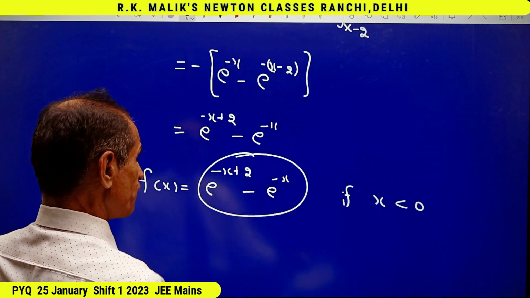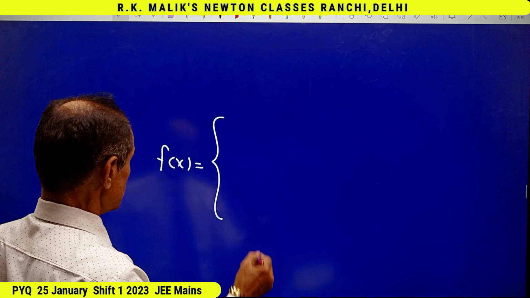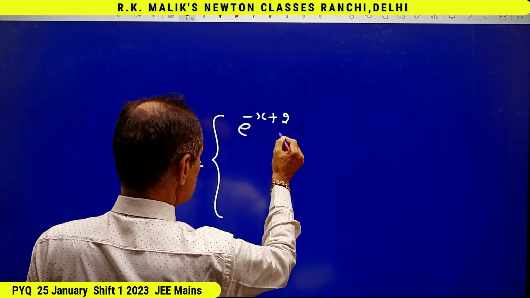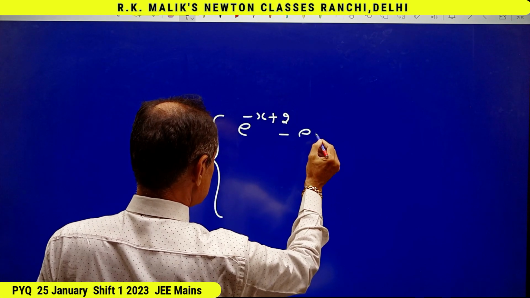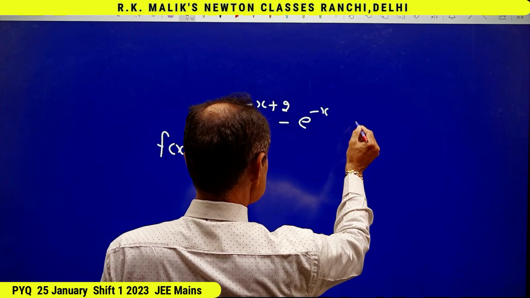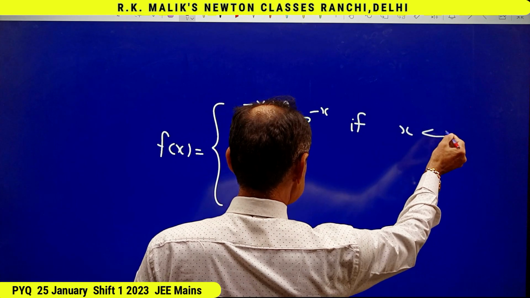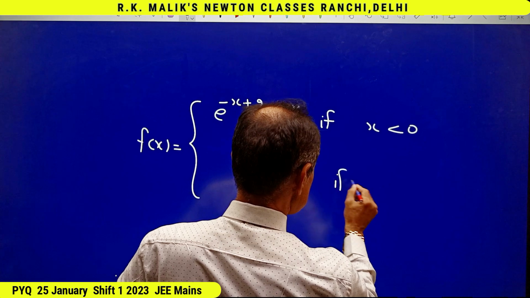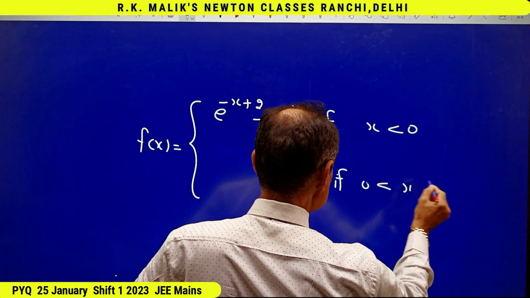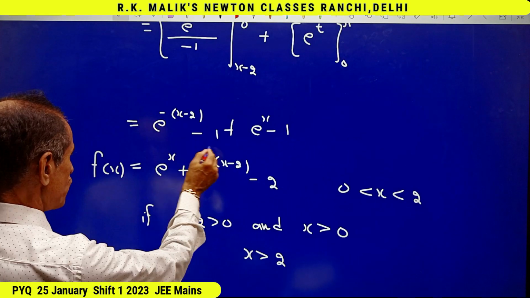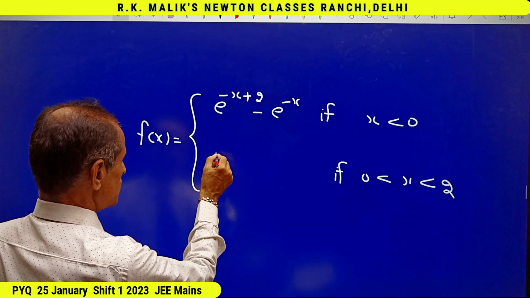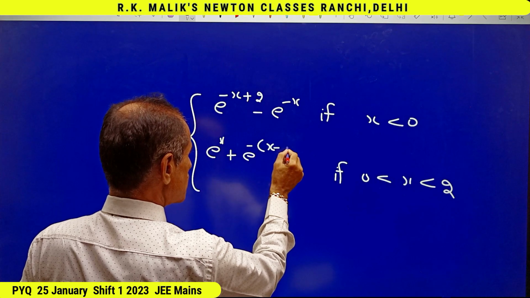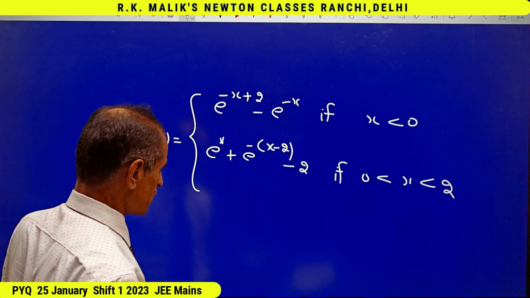this thing: if x is less than 0, that is e^(minus x plus 2) minus e^(minus x), if x is less than 0, and if x lies between 0 and 2, from here I can say e^x plus e^(minus x plus 2) minus 2.